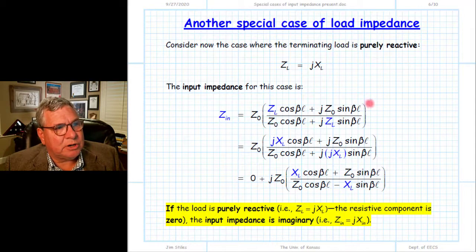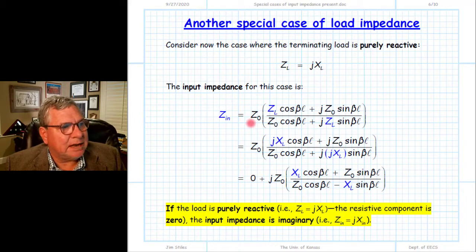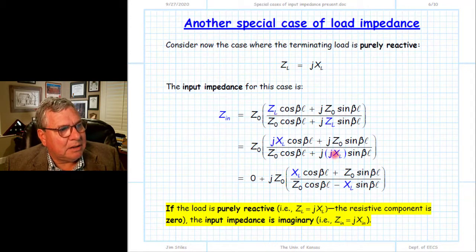In this case, we're going to use the input impedance form written here. It's a little bit easier to do the algebra in this case. We're going to insert for every ZL the value of jXL, XL being a real value, the imaginary part of the complex number. Remember, the imaginary part of a complex number is a real value. So we place it in here.